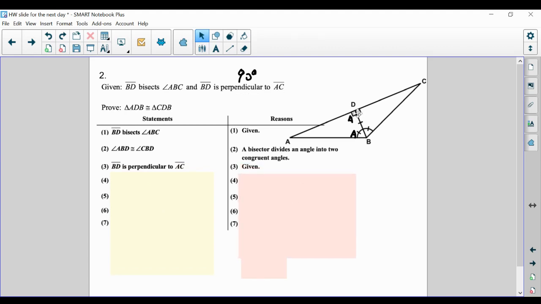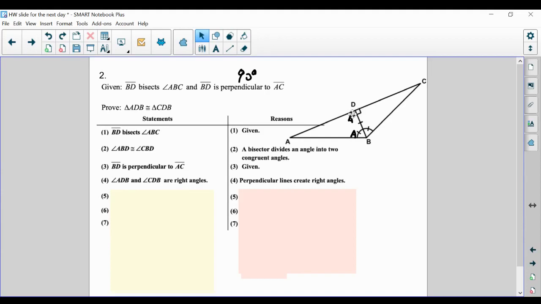Next one, perpendicular means 90 degrees. So we have to say those two angles are congruent first. Angle ADB is congruent with angle CDB, equal to 90 degrees. You can just write what I said, or you can say those two angles are both right angles. What's the word that says they are 90 degrees? Right, perpendicular. So you can say perpendicular lines create 90-degree angles, or create right angles. Next one.